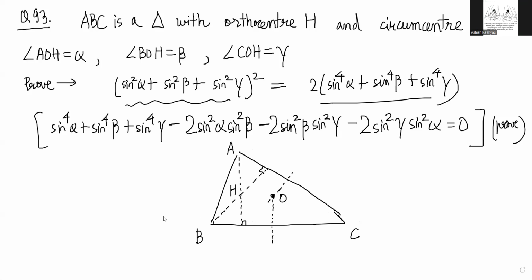Okay, so this is my orthocenter, this is my circumcenter, and our angles are AOH, BOH, and COH. So H and O have to be joined. So we need a bigger diagram.